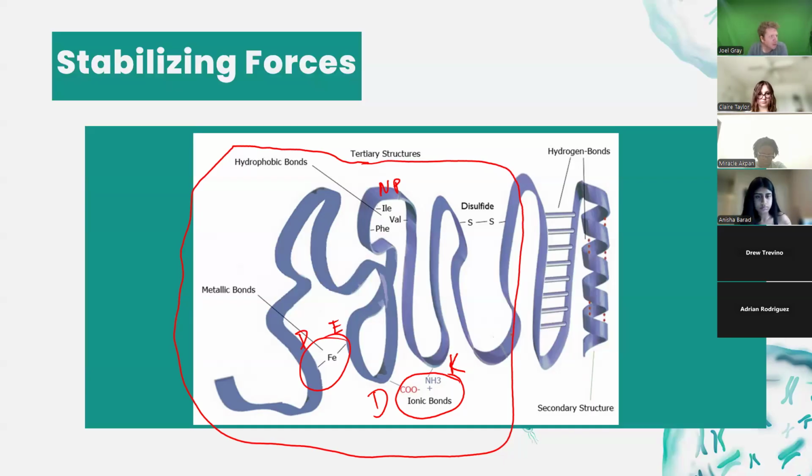Then last but not least, this guy right here. Could I get somebody in the chat to tell me which amino acid is responsible for forming a disulfide bond? I'll give you a clue. Cysteine and methionine are the only two amino acids with sulfur in them. One of them is nonpolar and one of them is polar.